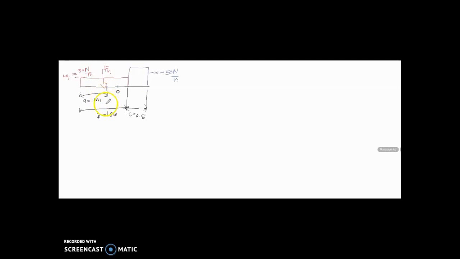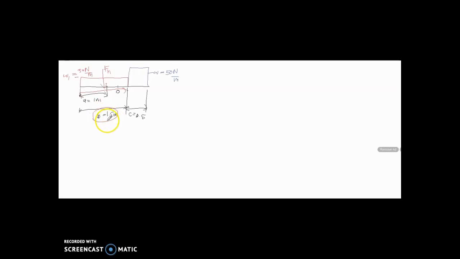If it is at the center, what is the location? From here to here is B, right?